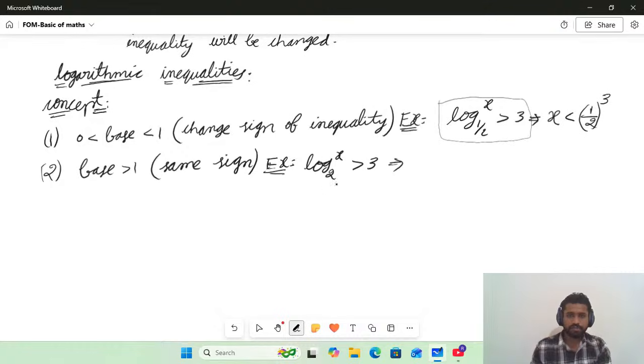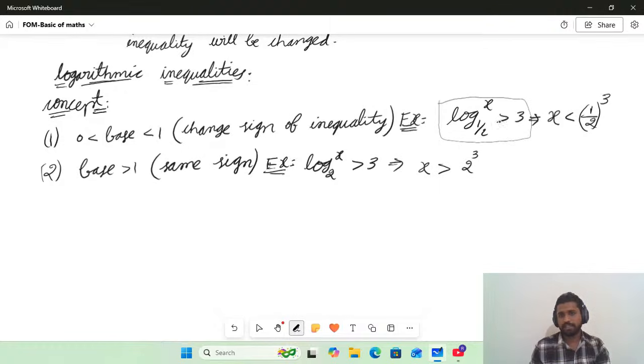For this one, if the base is greater than 1, what is the exponential form? Left side it is x and right side it is 2 cube, and greater than will be greater than only. So for base greater than 1, the same sign of inequality, and for base lying between 0 and 1, change the sign of inequality.